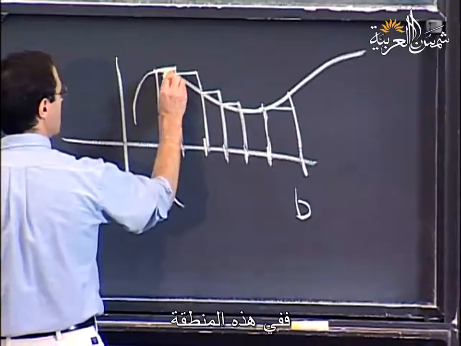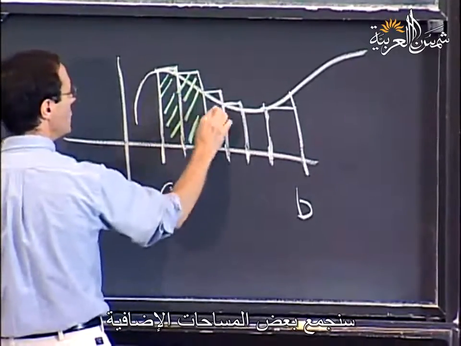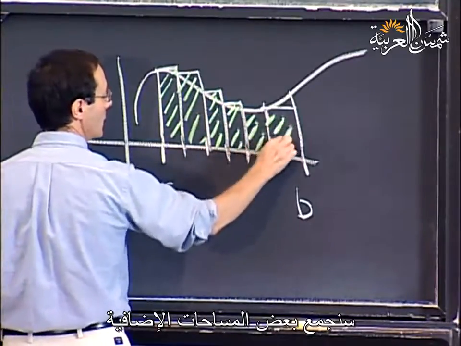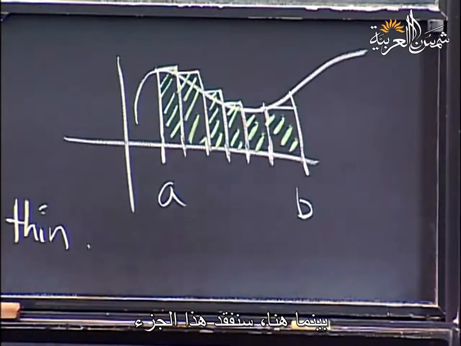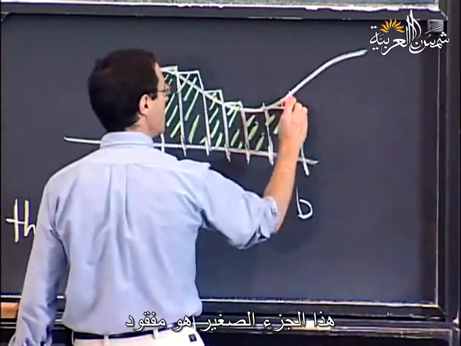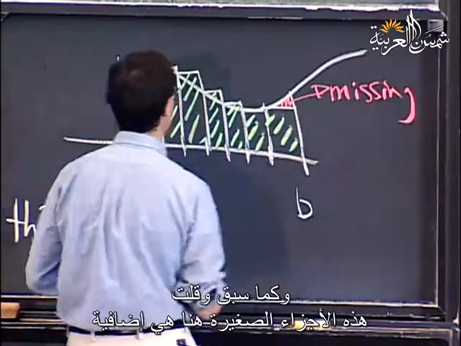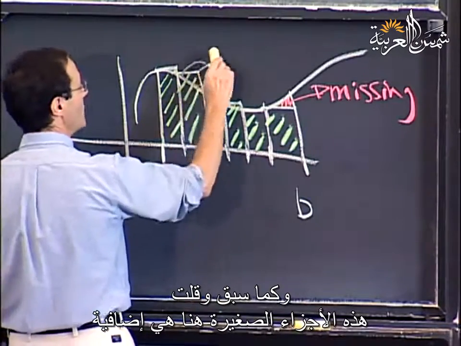It's this region here, but it includes these extra bits here. And then it's missing this little bit there. And as I say, this little bit up here is extra.